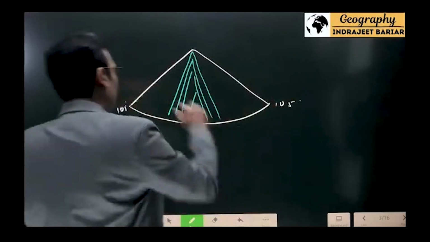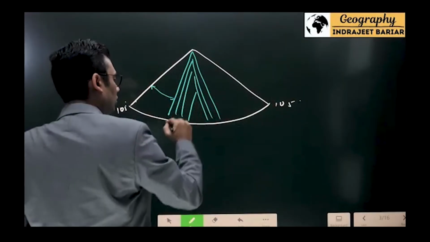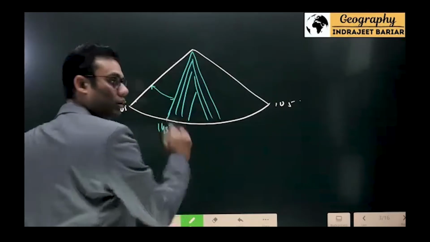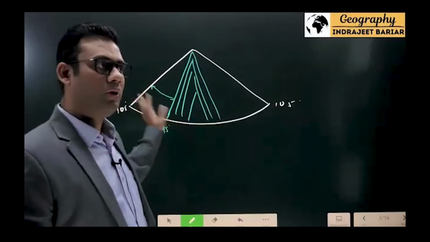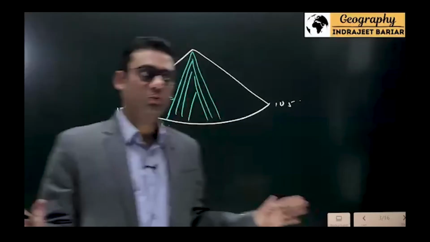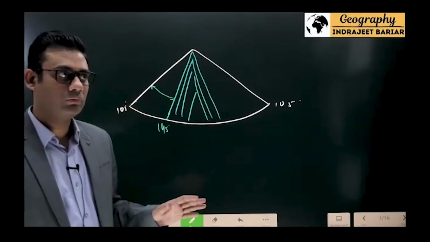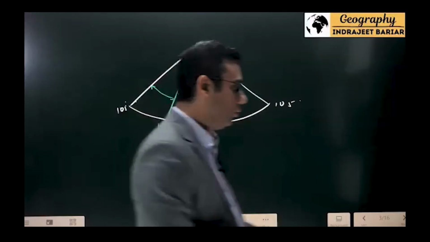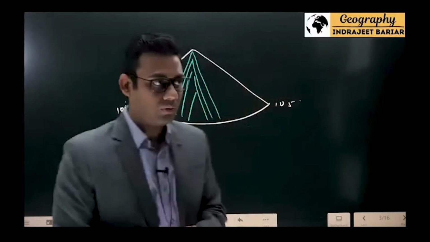But this is the P shadow zone. Can you see any waves here? No. Neither P waves nor S waves. So that's where I call it the absolute shadow zone. Okay, got it. So we have the P shadow zone as the absolute shadow zone.